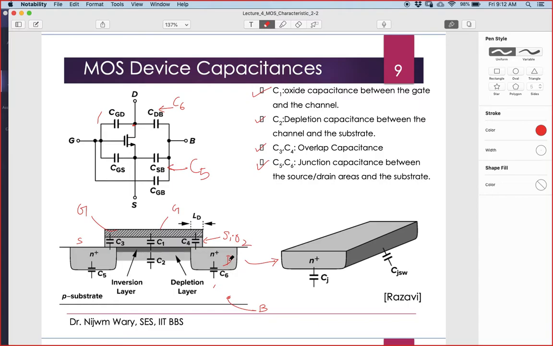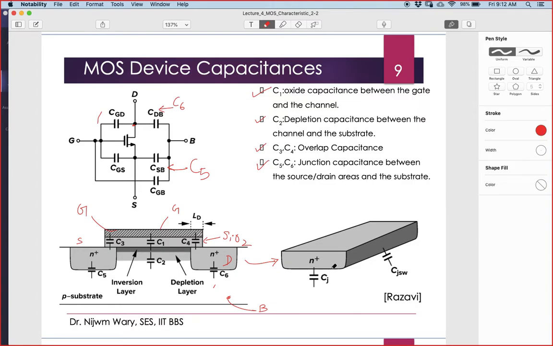Now for the gate, source and drain region, this is the 3D view of the drain or source. We'll see how this whole parasitic capacitance, C6, can be categorized into two types. One is because we have this bottom layer.